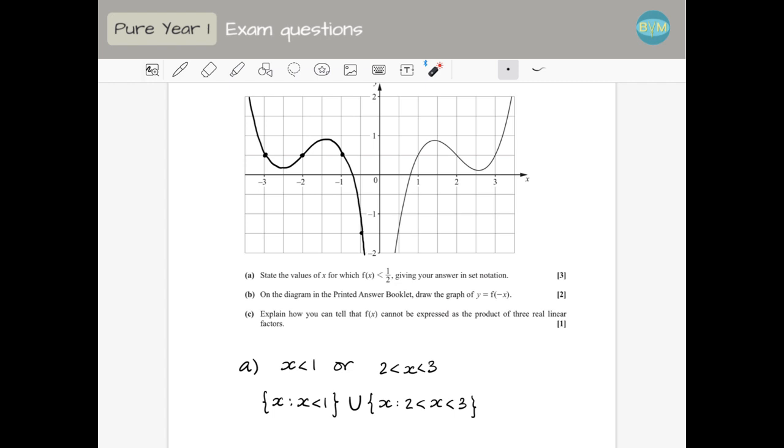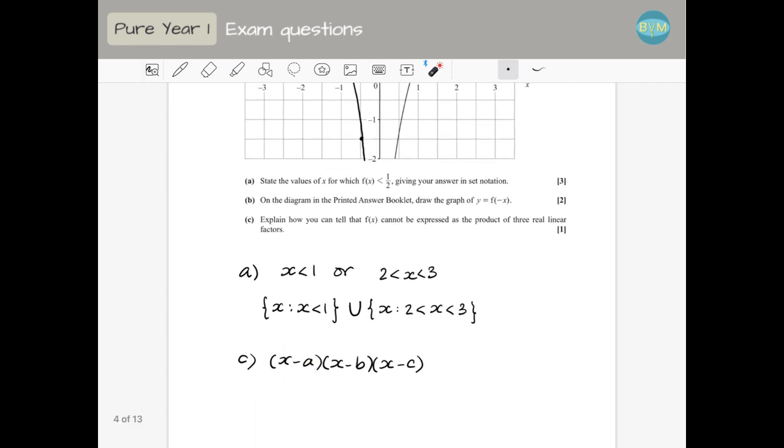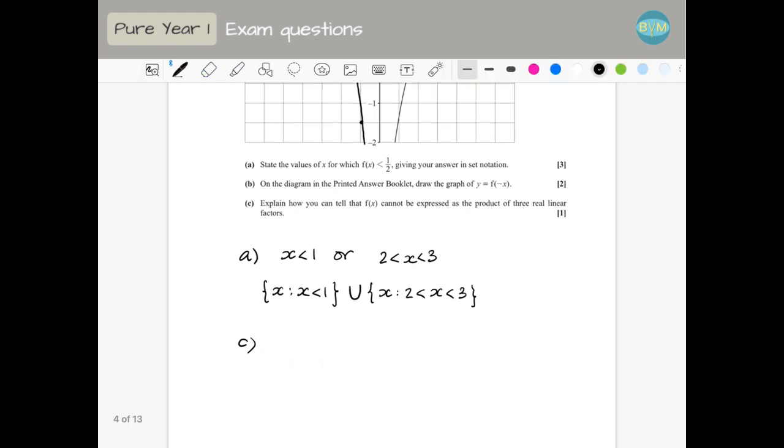To have 3 points of intersection, this bit should be lower, and then I could have 1, 2, and 3. So if this goes lower, I will have 3 points of intersection, but I have only 1. Which means I only have one linear factor and a quadratic that has no real solutions. How do you explain that? It's just one mark, so don't overthink.